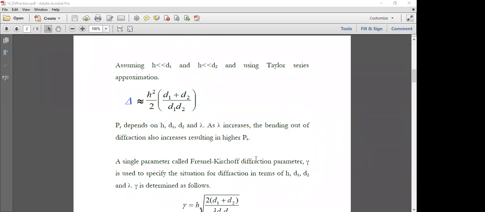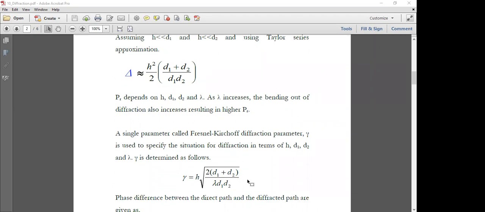But for this complex diffraction case, Fresnel and Kirchhoff proposed a single parameter which incorporates the overall impact of H, D1, D2, and lambda.